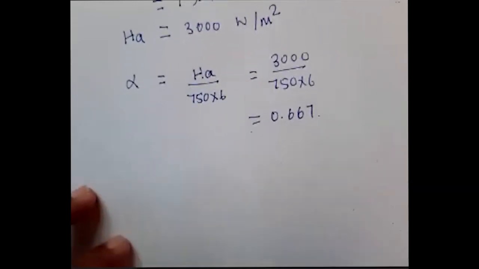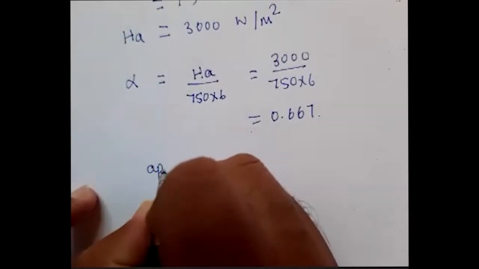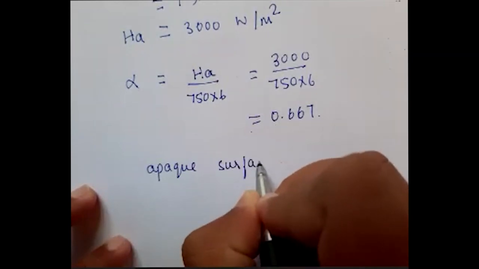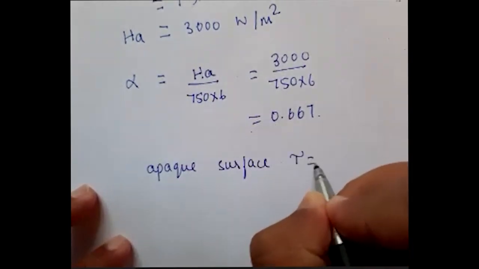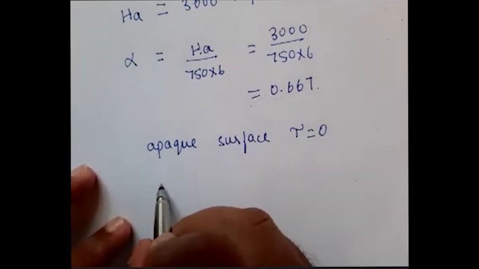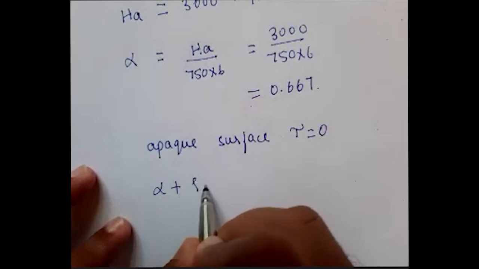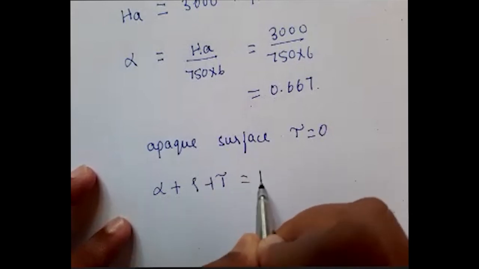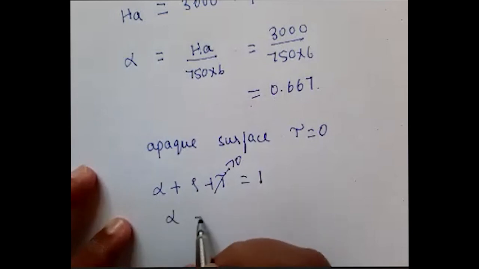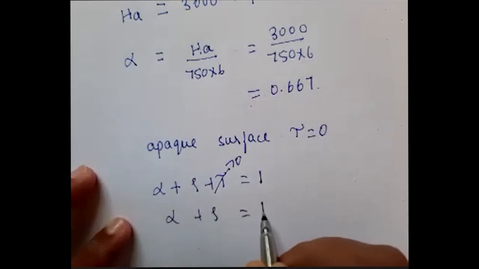And also we know that the surface is opaque. That means transmittivity will be equal to 0. So alpha plus rho plus tau is equal to 1, tau is equal to 0, so alpha plus rho is equal to 1.